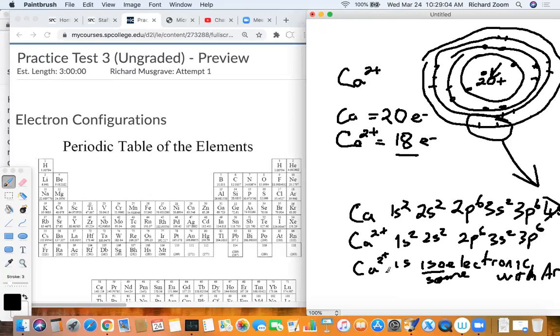This is why calcium 2+ actually is a favored thing, because it is isoelectronic with a noble gas. So it confers this stability on calcium 2+ that might not be conferred if it was a different kind of ion. So Ca2+ is isoelectronic with argon, which is a noble gas.